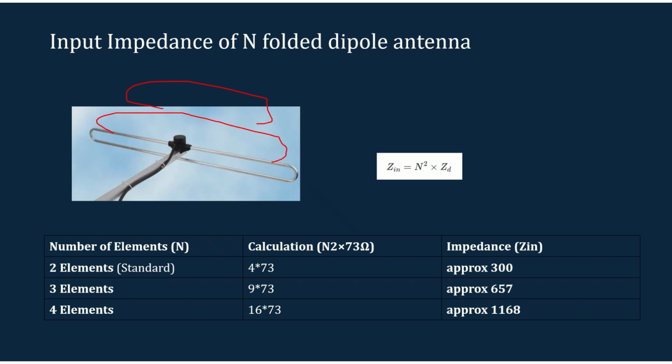So in case of a two element folded dipole, the total input impedance can be given by n square into 73, so 4 into 73, which will be approximately 300 ohm. So based on the number of elements used in the folded dipole, we can calculate the total input impedance. Make sure that this is the input impedance based on the number of foldings.